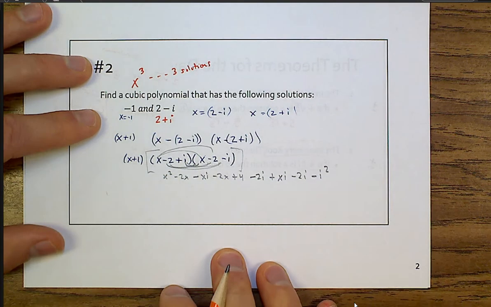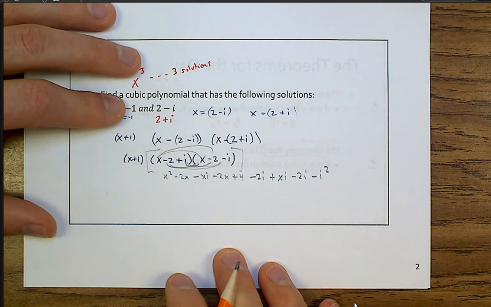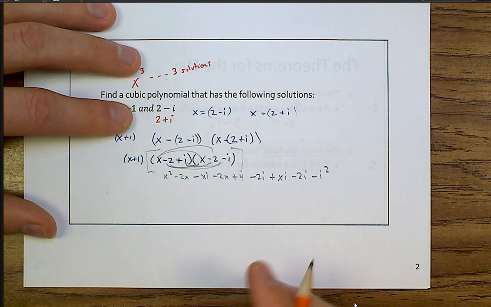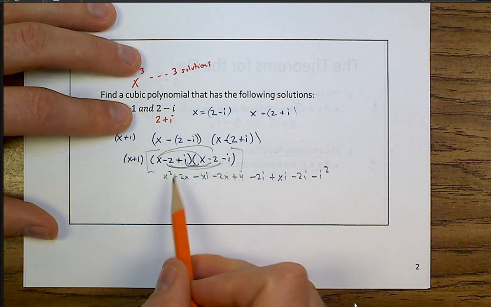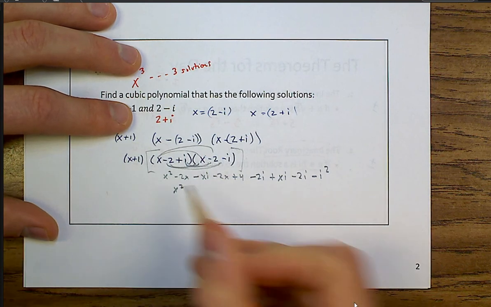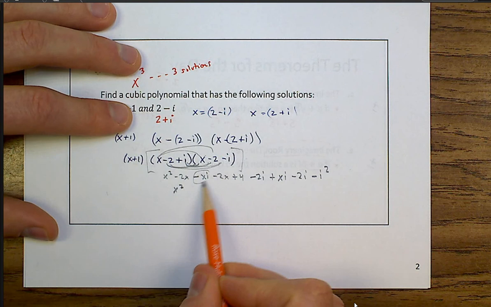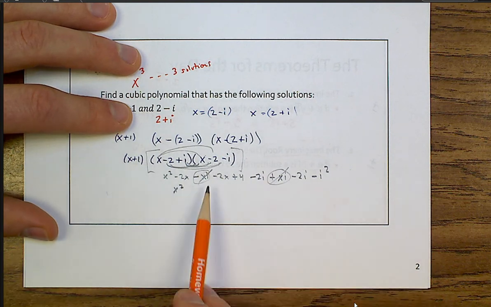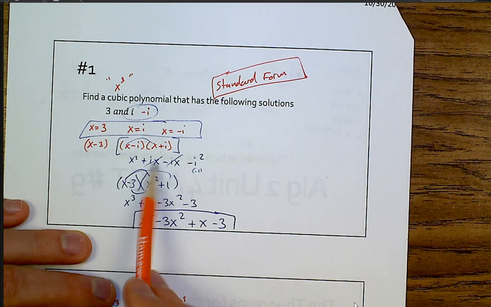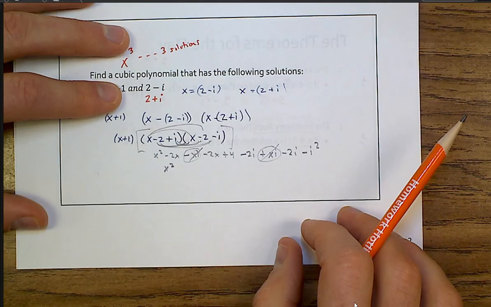Now, this looks a little messy, so let's go through and see if we got anything that's going to cancel itself out, and let's simplify a little bit here. Let's see, I got x squared, I got my minus xi and positive xi, so those are going to cancel. Notice in this one I went xi, and the one above I went ix, so it really doesn't matter as long as you stay in order.